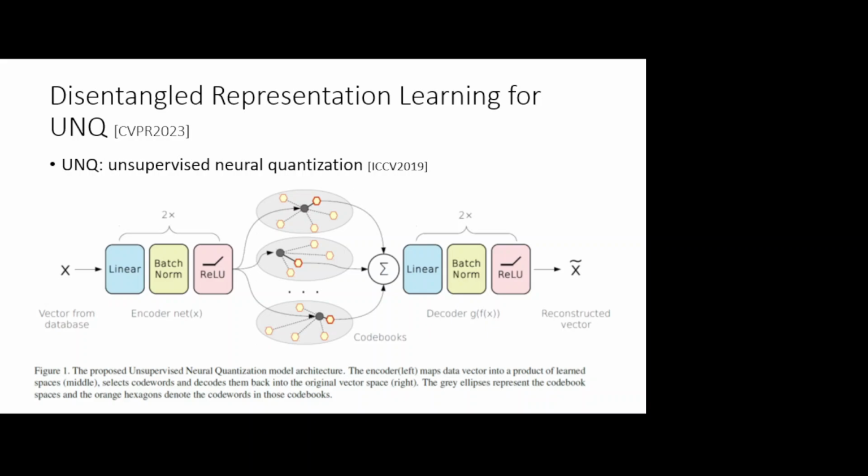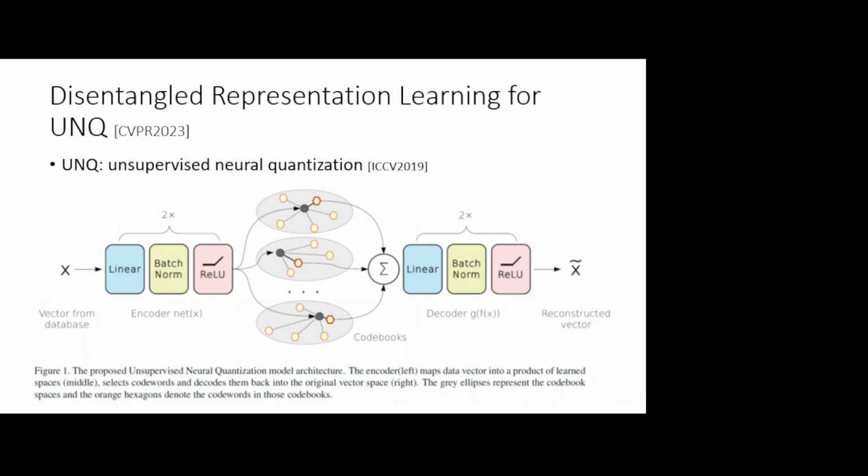You can treat it like multi-head. You just project the x to multiple different spaces, and then in each space you quantize it to get different code words. Then finally we sum them together to generate, to decode it.